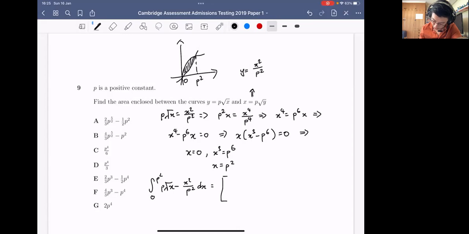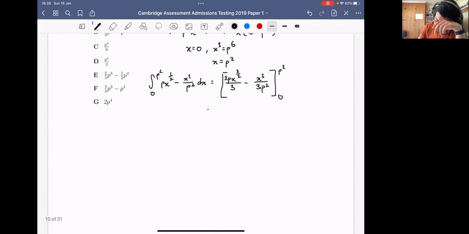So this is, I'll rewrite root x into x to the half, so that this is p times x to the 3 on 2, divide by the new power, which means you're multiplying by 2/3, minus x cubed over 3p squared. I think I've done that right.